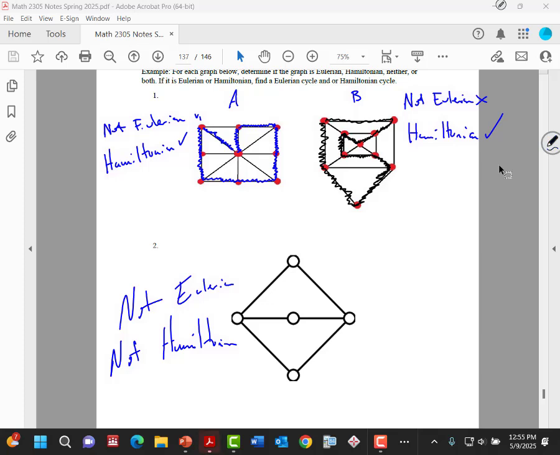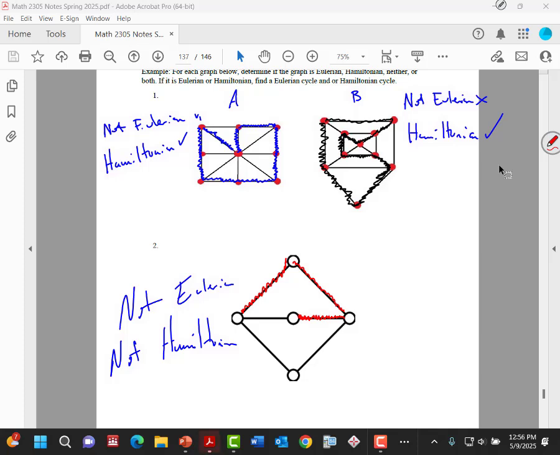How can we conclude that? Well, let's take a look. Can I find a Hamiltonian cycle in this? Okay, so let's just say I start in the center. I come here, pick a path. I have to visit every vertex.